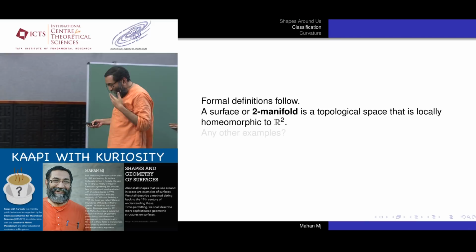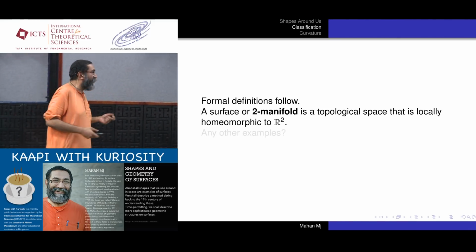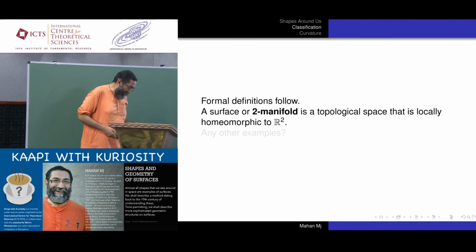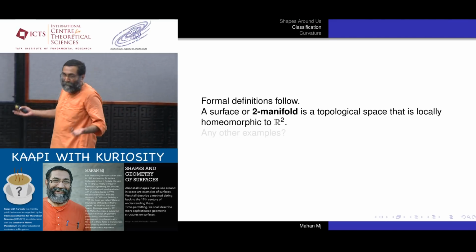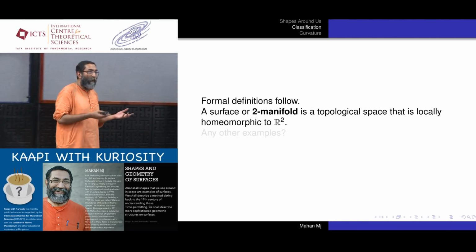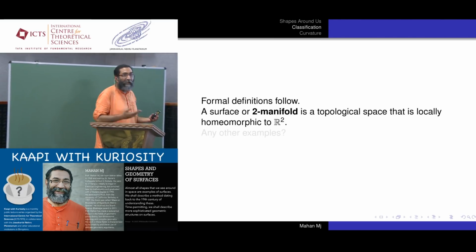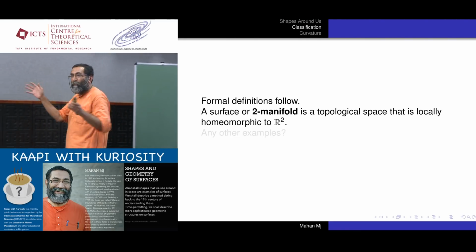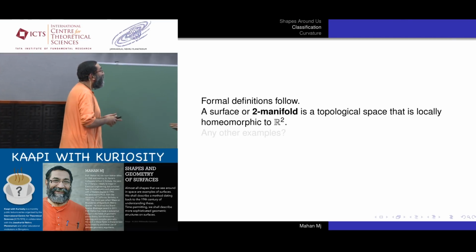Mathematicians have this somewhat disconcerting habit that once you've done something for two, maybe for one, well, there's nothing particularly special about 1 and 2 except for the anthropomorphic accident that we are three-dimensional creatures. So you generalize and say, okay, look at n-dimensional, where n could be 10 to the power 23.